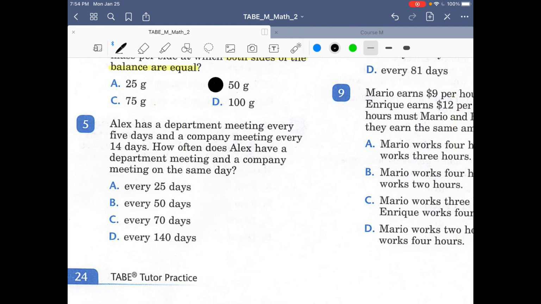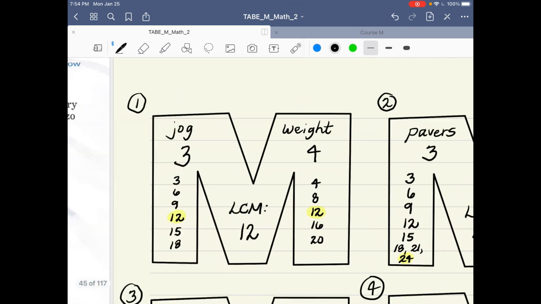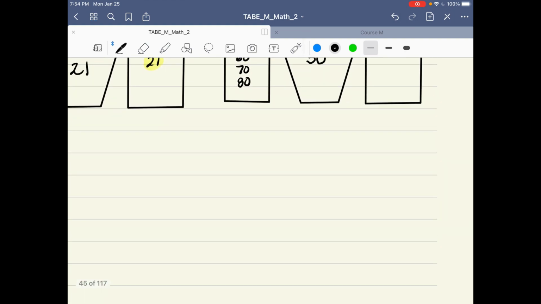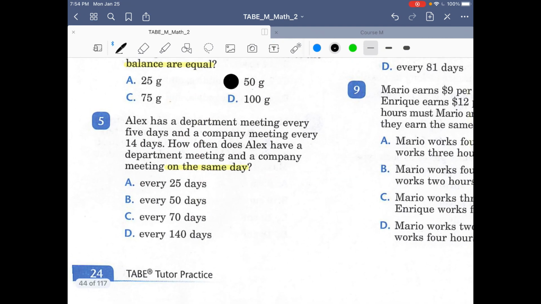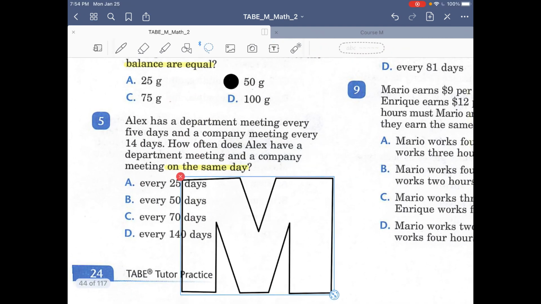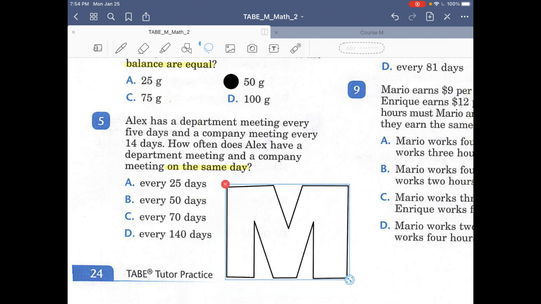Alex has a department meeting every 5 days and a company meeting every 14 days. How often does Alex have a department meeting and a company meeting on the same day? So, I'll tell you what, I think I can squeeze that one in. Maybe on the ones that I can squeeze in, I won't make you seasick.